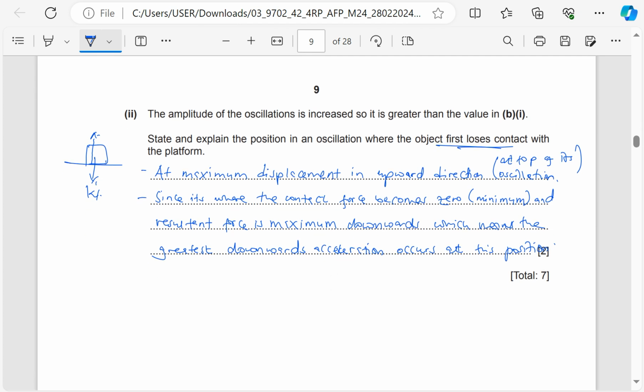And remember that that point will be 9.81. So since it's where the contact force becomes zero, minimum, and the resultant force is maximum, which means the greatest downwards acceleration occurs at this point. So that's where the object first loses contact.